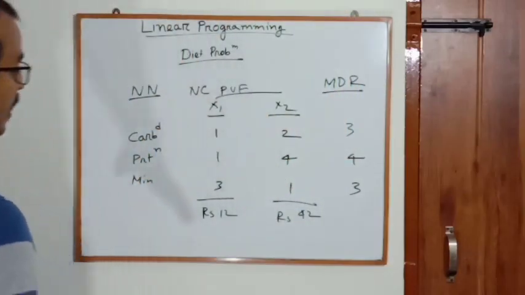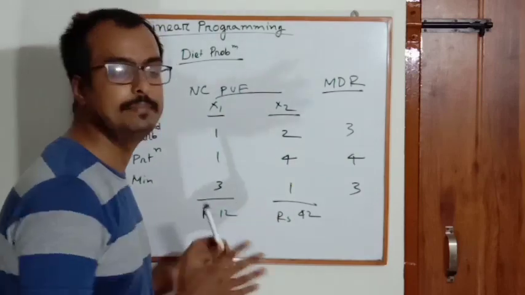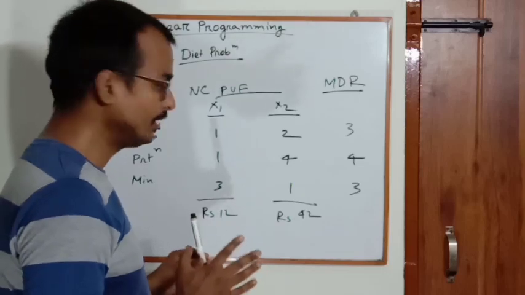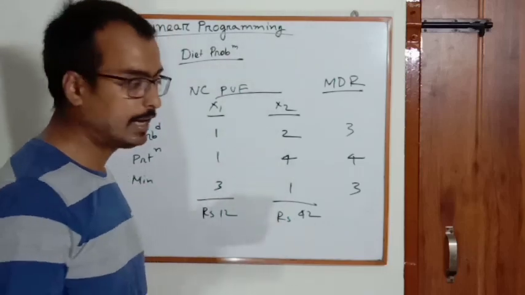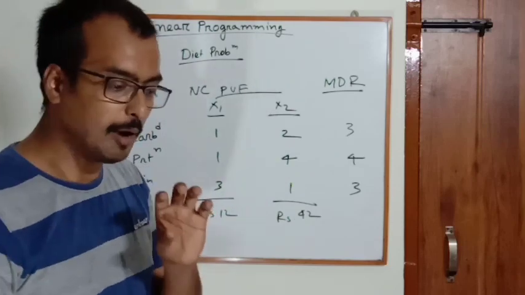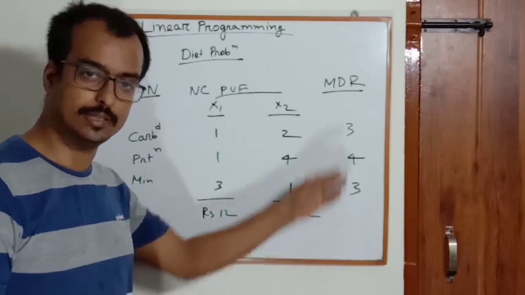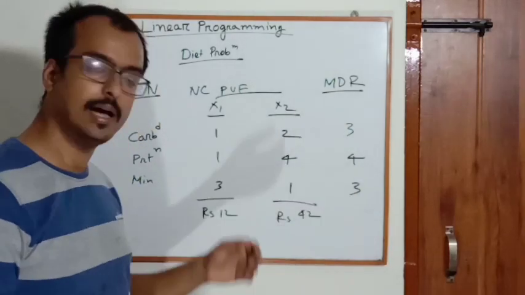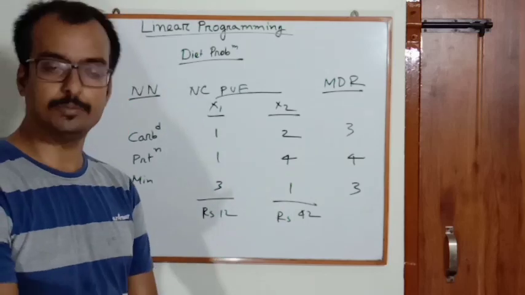Now here the problem is minimization. Your objective is cost minimization. 12 rupees, 42 rupees. How can you manage to give this required amount of food, this required amount of calories, at a minimum cost? So that will be your objective.